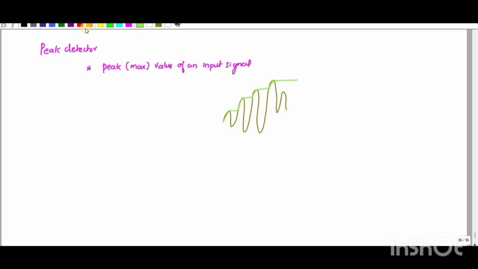So it stores the peak value of the input for an infinite time duration until it comes to a reset condition.